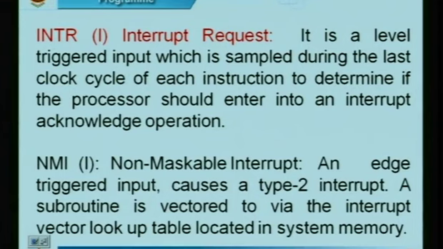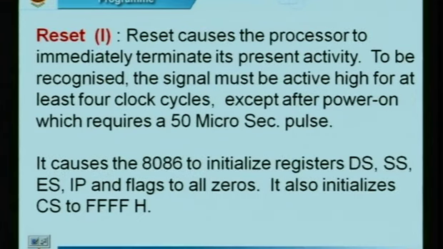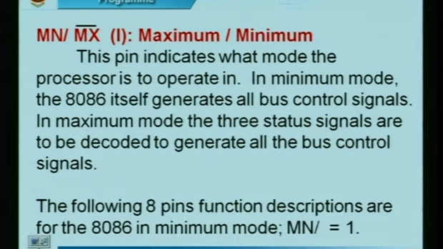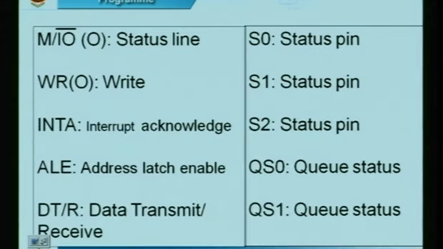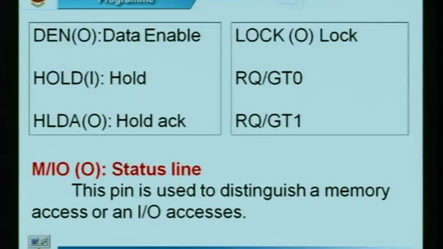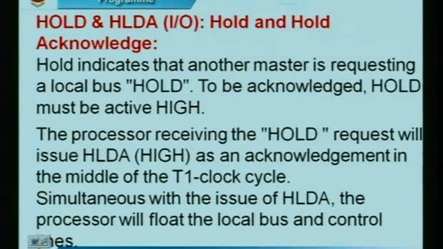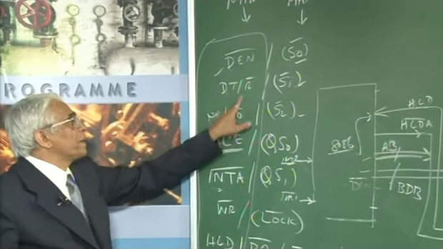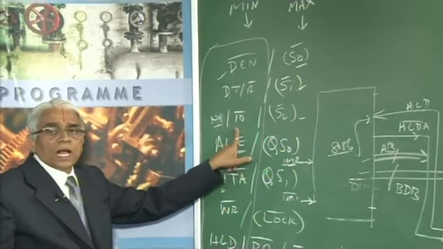I just mentioned INTR, a non-maskable pin, and we discussed reset, ready, clock, MN/MX bar, and we looked into all these pins of minimum mode. Let us look into the maximum mode pins. In maximum mode, we basically have the S0, S1 and S2 pins, which replace DEN, DT/R bar, and M/IO bar.